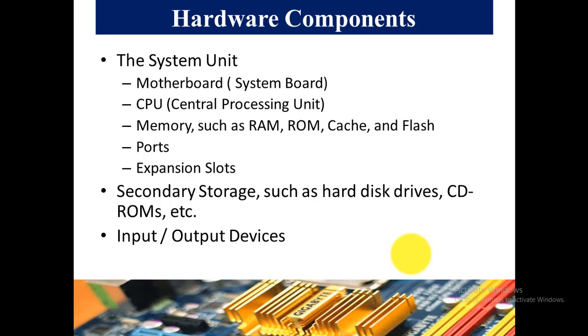All these are hardware components. And the other one is communication devices, which are the networking devices used for communication in a network. For example, LAN cables, Ethernet cables, and all the networking devices are part of the communication devices.